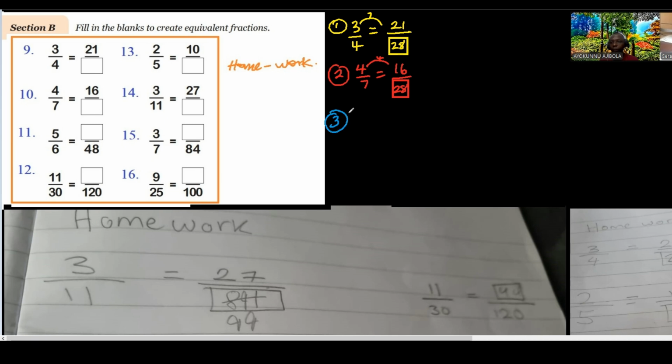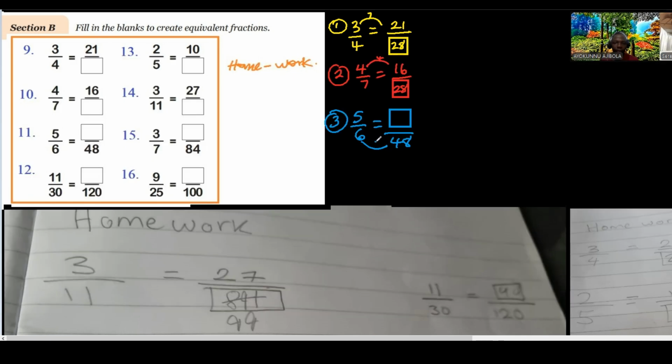Number 3, which is number 11. 5 over 6 equal to something over 48. Now, if I put 48 here, 6 times what will give me 48?